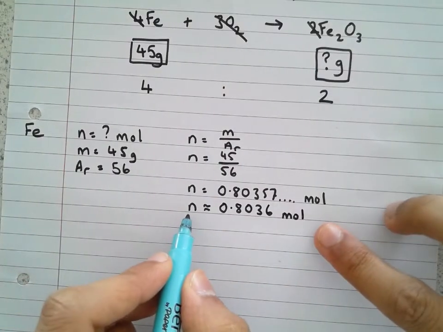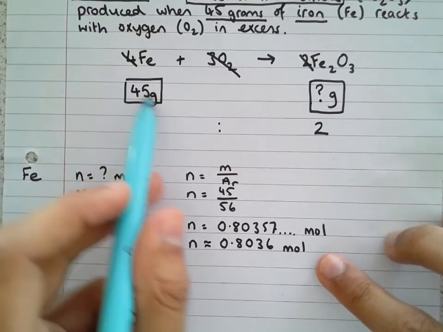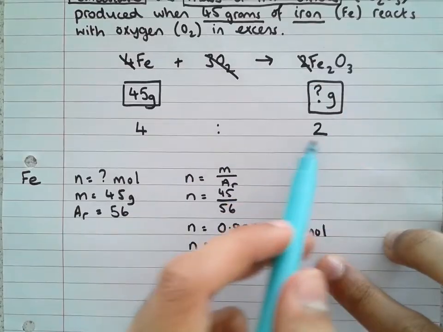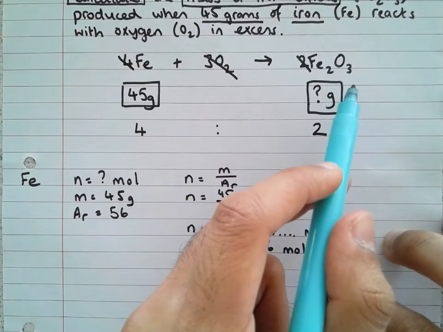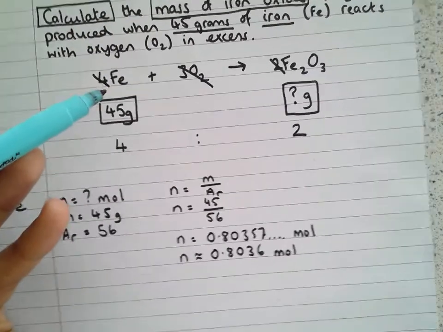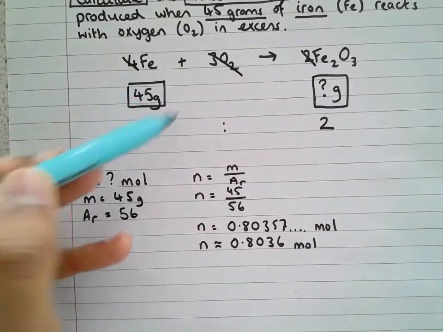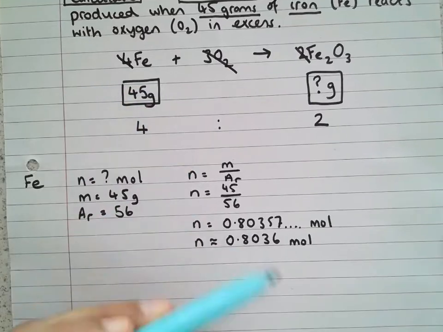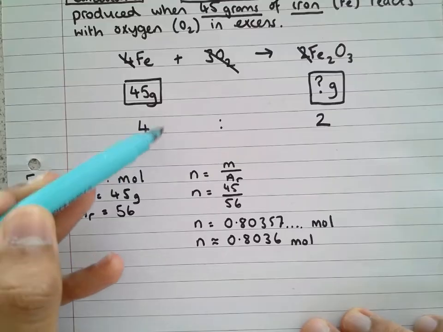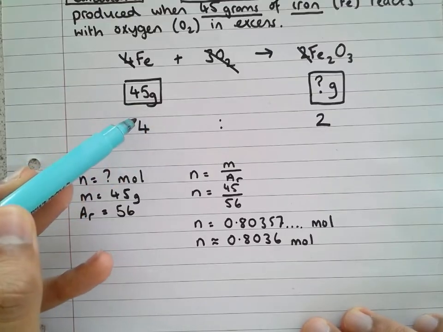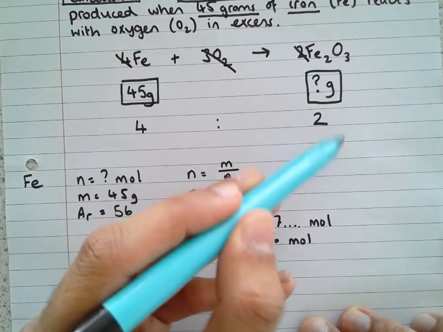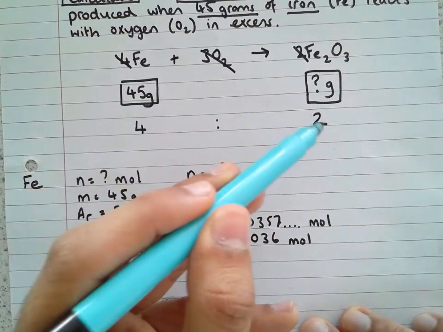Right, now that I know the number of moles of iron, I can use my mole ratio to figure out how many moles of iron oxide I will produce. So just to reiterate, what we've done so far is we've converted the mass of iron we have in grams into moles. The reason I've done that is because if I know how many moles of iron I have, I know, because of the mole ratio, I'll have half as many moles of iron oxide because the ratio is 4:2.